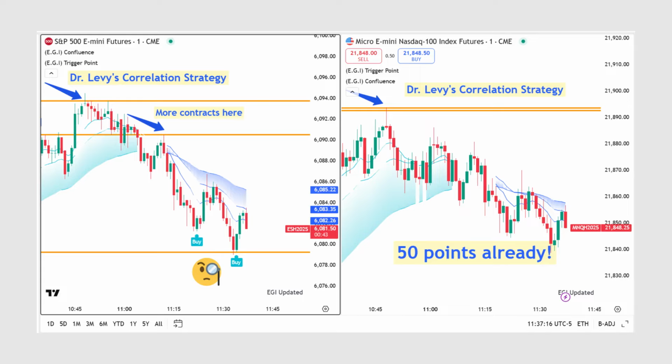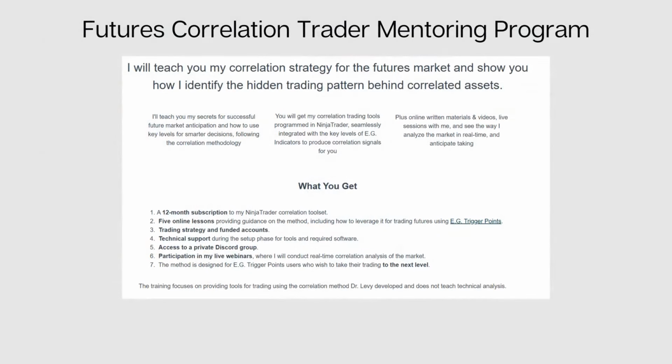And in the live session on our Discord, when I go live, I analyze the market together with you and find correlation opportunities. So you can see a beautiful short opportunity on ES and NQ happened at the same time. The indicator does this work for you, monitoring correlated assets and generating signals automatically.